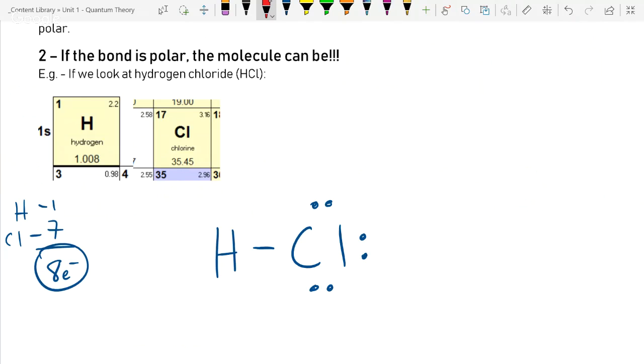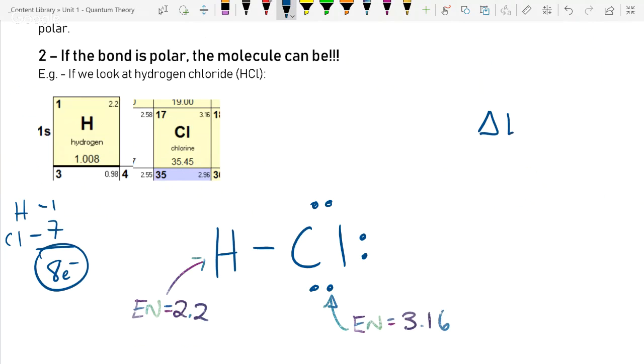Now, what's hydrogen's electronegativity? Hydrogen has an electronegativity of 2.2. And chlorine? 3.16. So what's the difference in electronegativity here?